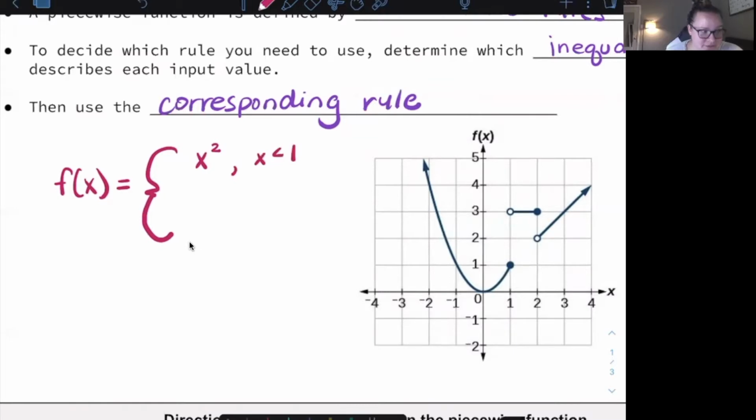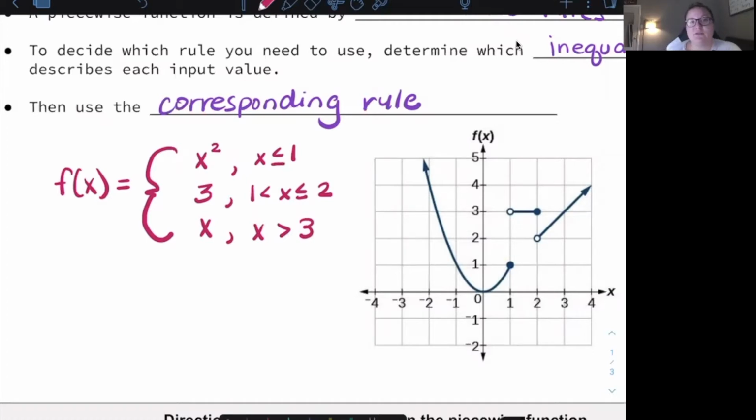The second piece is just 3, put a comma, for x is greater than 1, but less than or equal to 2. And then the third rule is x, and then x is greater than 3. Oh, and I just realized that the first one should be x is less than or equal to 1.